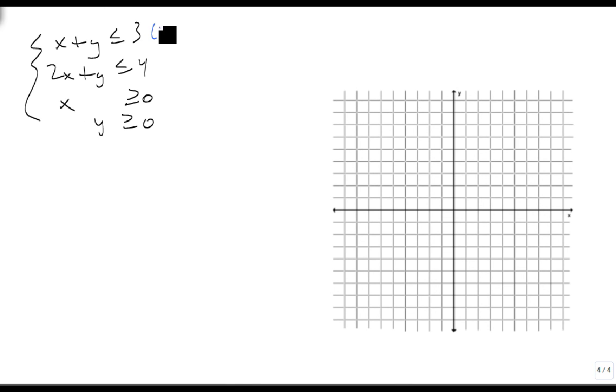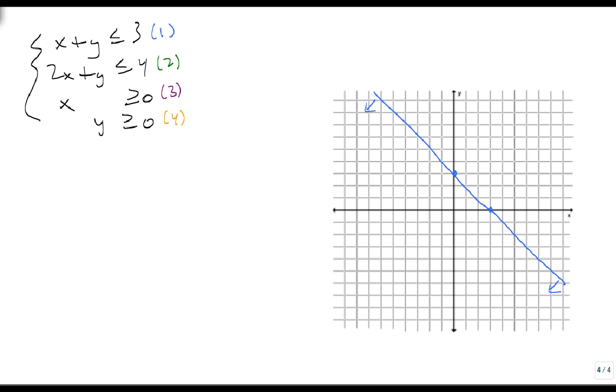So we're going to start with the first one. It is a great one for using intercepts because a 1 and a 1 go into 3. So I get a point at 3, 0 and 0, 3. And it's a solid line going through there. And since 0 plus 0 is less than or equal to 3, it wants to shade here.